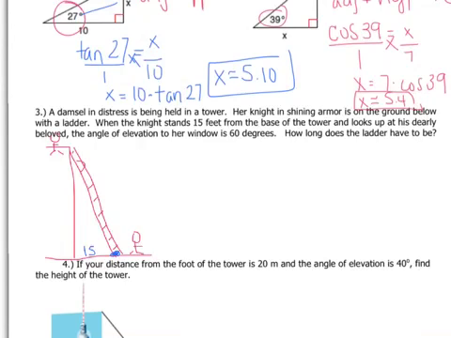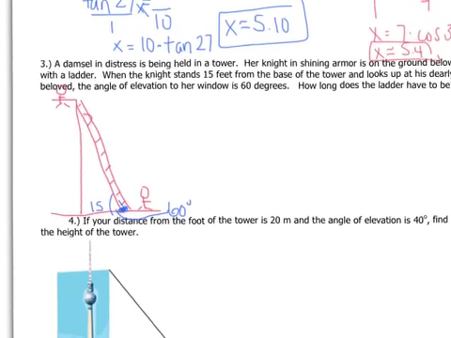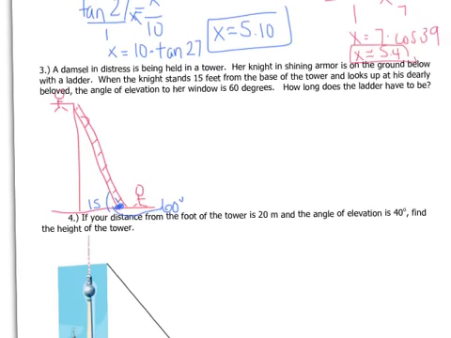The angle of elevation to her window is 60 degrees. So from where he's standing on the ladder, the angle up to her is 60 degrees. How long does the ladder have to be? So we're finding the length of the ladder.